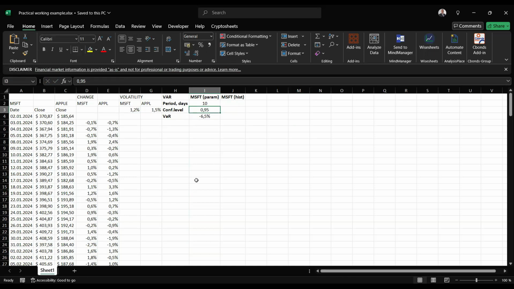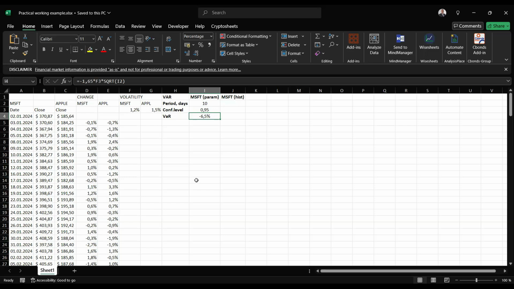I would draw your attention to the fact that it is not multiplied 10 times. It is multiplied by the square root of 10. Therefore, the increase of the value at risk will be less.